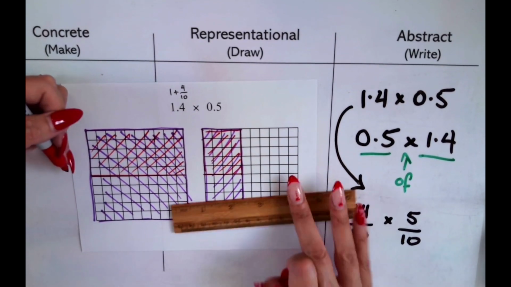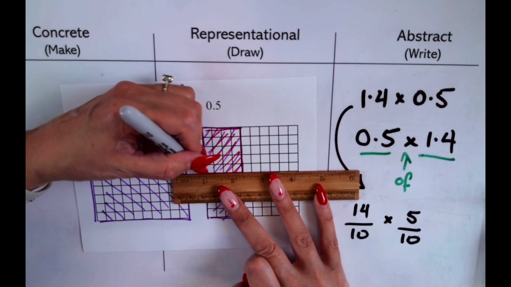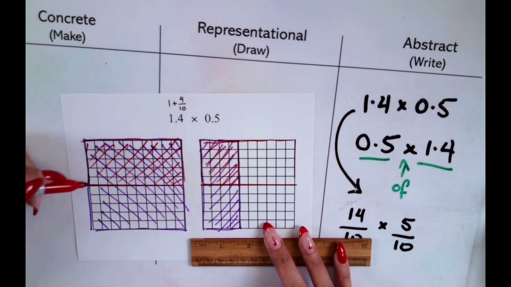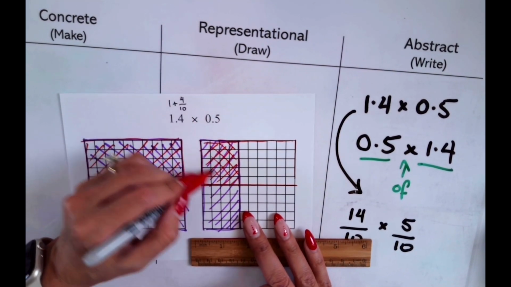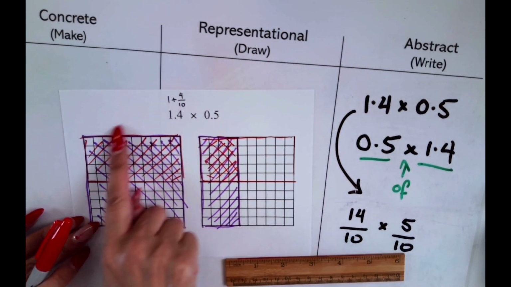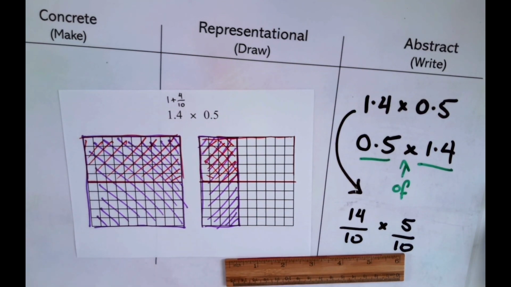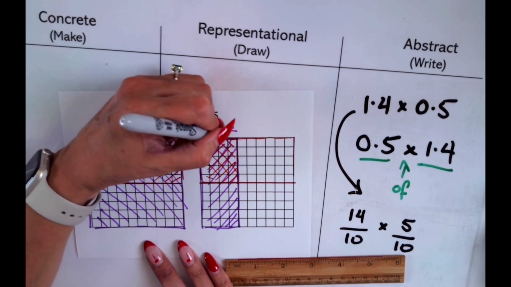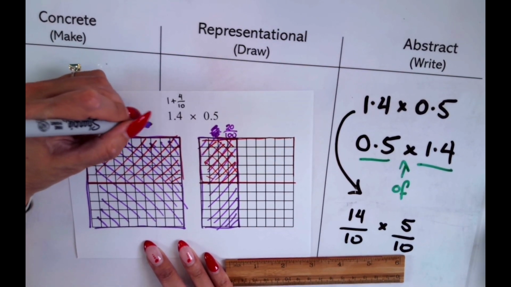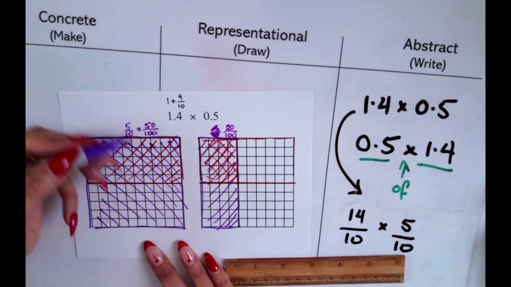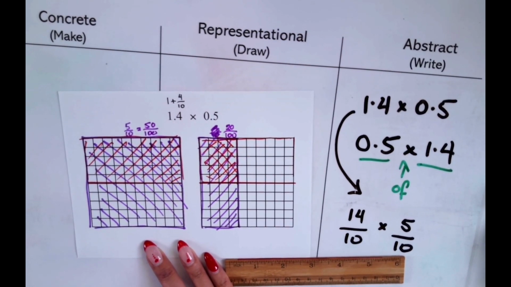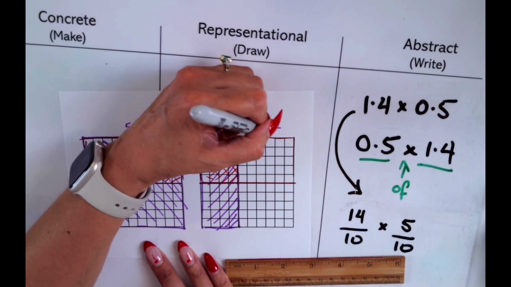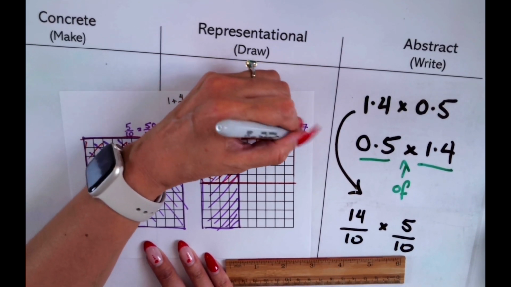So now 5 tenths of the whole thing, obviously, of both of these wholes is going to be this. But really you only want to use whatever the crossover is. So altogether we've got 5 tenths and 20 hundredths. So 5 tenths is the same as 50 hundredths. So we've got 50 hundredths and 20 hundredths together. If we add these two parts, we're going to get 70 hundredths, which is 0.7.